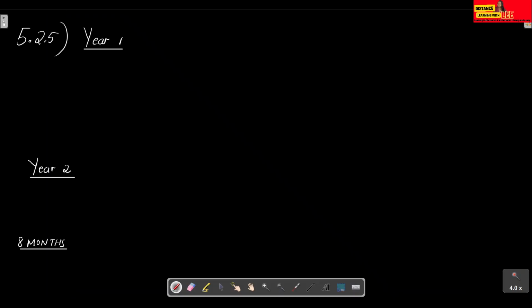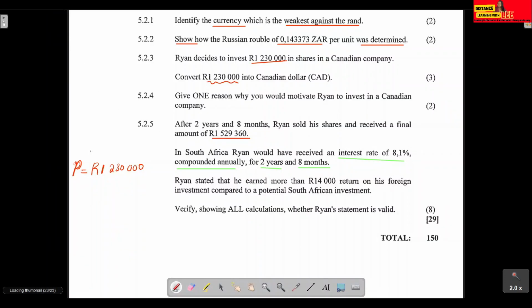Now to calculate the amount of interest generated in the first year, we're going to take that 1,230,000. We are told that to calculate interest, they used an interest rate of 8.1%.